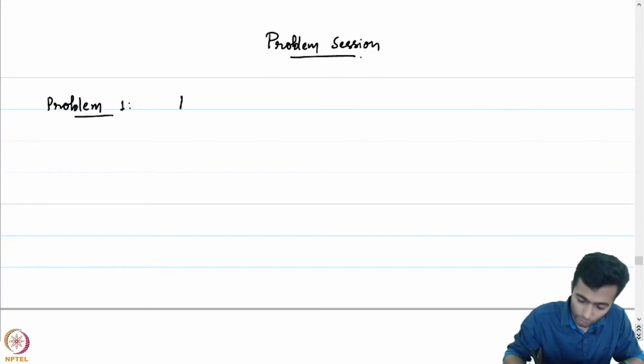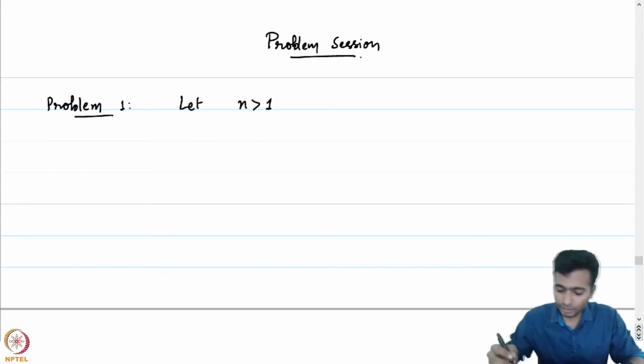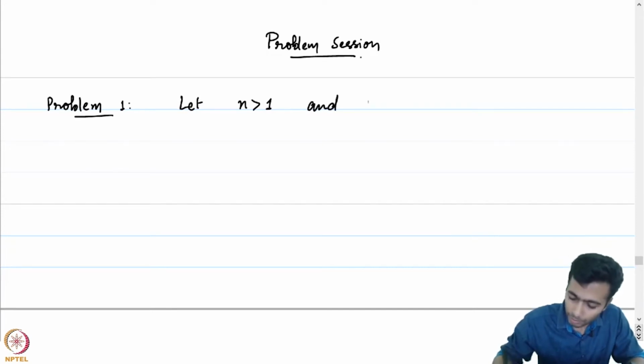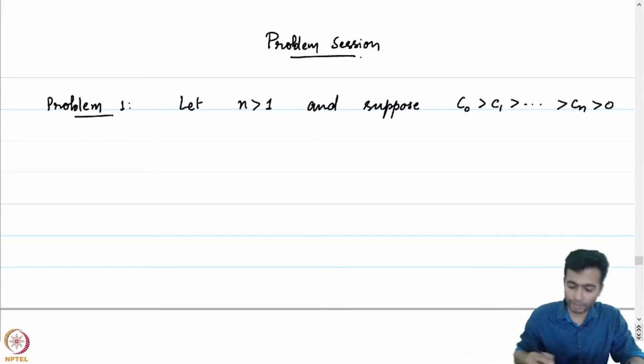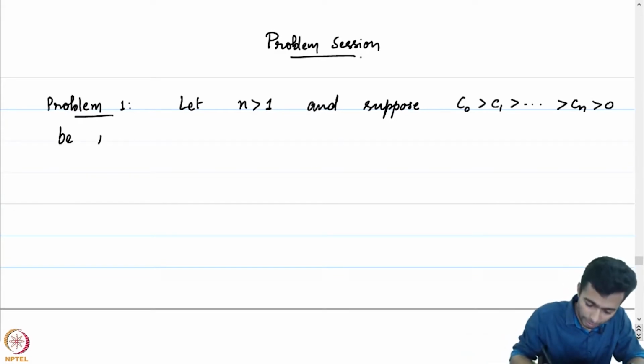Let n greater than 1 be a positive integer, and suppose C0 greater than C1 greater than up to Cn, which are all positive real numbers.